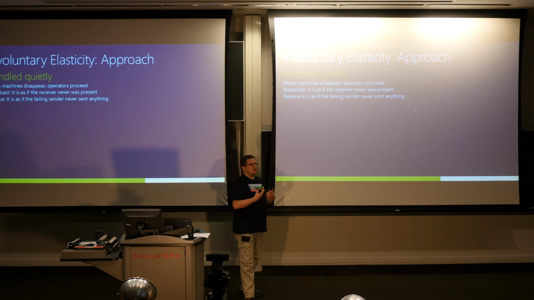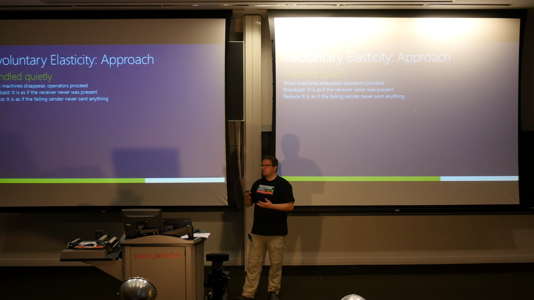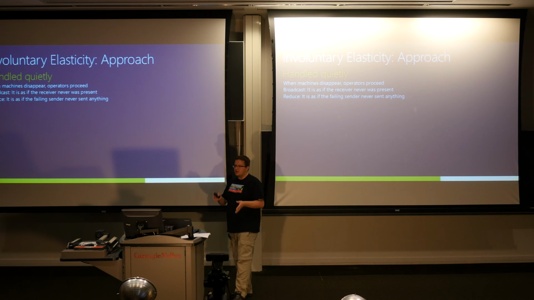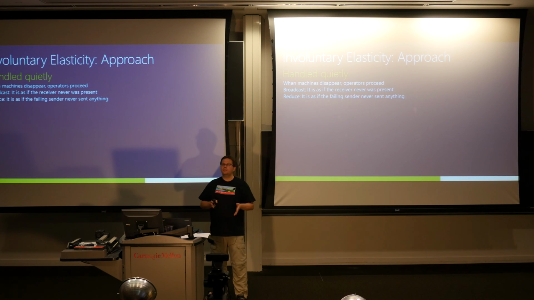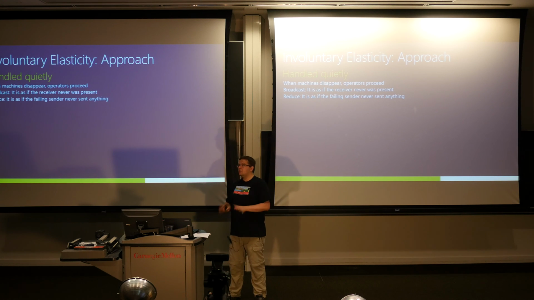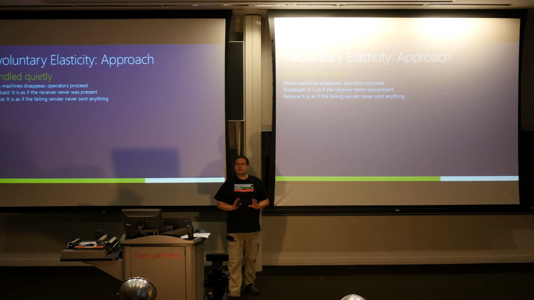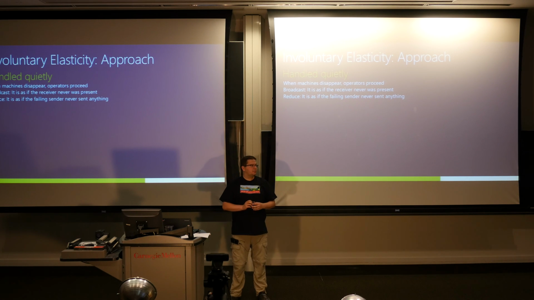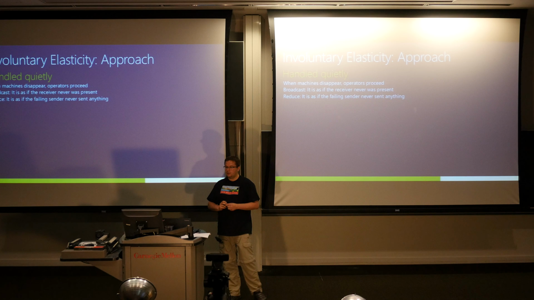When you execute another broadcast or reduce, it will just run on all machines that are still available. So when you write your code, you can just happily use broadcast and reduce, and if machines disappear, it will continue to work. That's the first principle that we do in our group communications library.